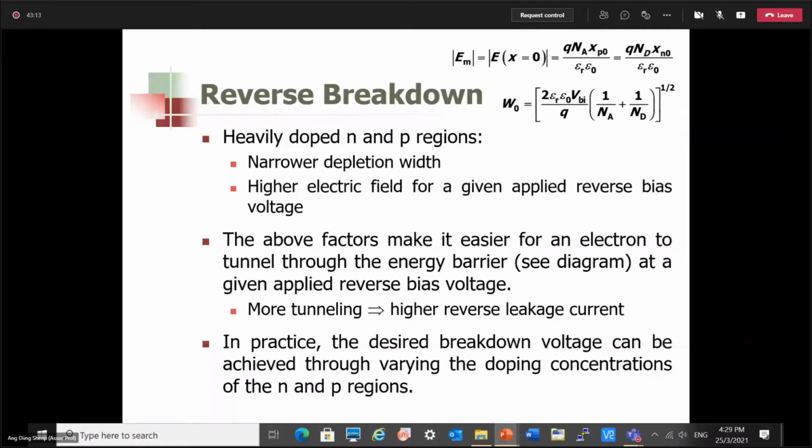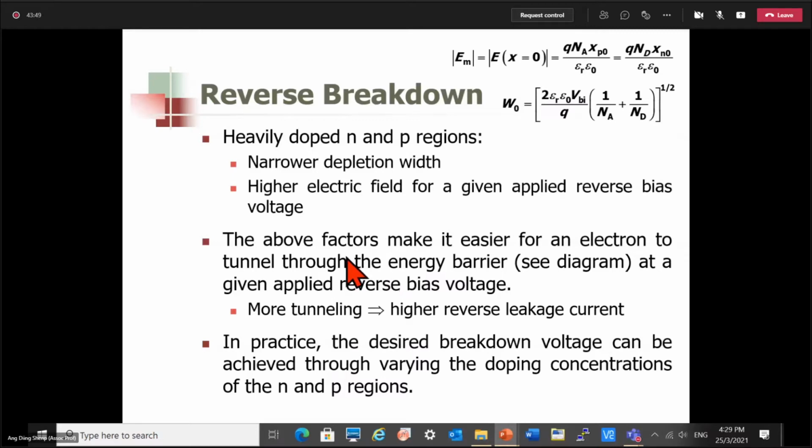All right, now at the same time, doping the N and the P region heavily also increases the electric field at the PN junction. Now, if you recall, we discussed this before, right? So the maximum electric field occurs at the metallurgical junction and can be expressed like this. This was derived earlier. So essentially, when we increase the doping, the maximum electric field strength increases, and that favors the tunneling process.